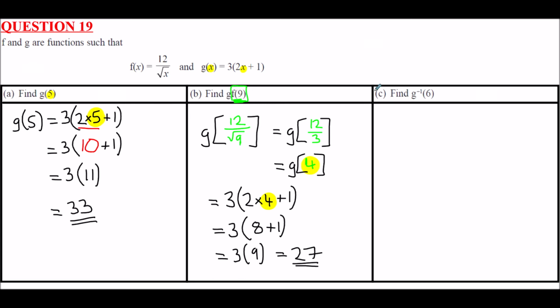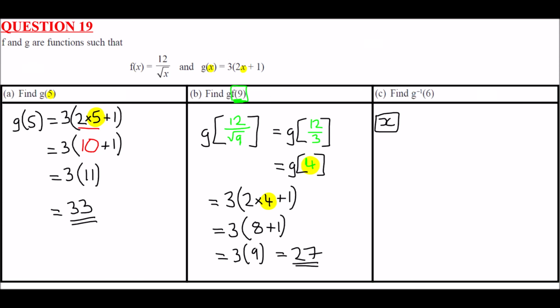Now we need to work out for part C, g minus 1 of 6. Now this is just notation, which means finding the inverse of the function g. So what we're going to do here is we're going to start with x, because x is typically the input into g.